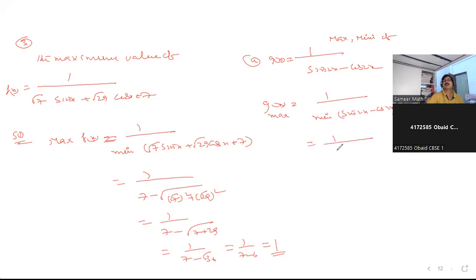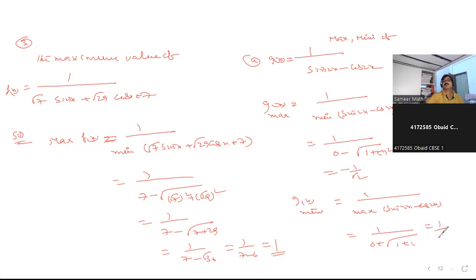That is 1 by, c is not there, 0 minus under root of 1 plus minus 1 whole square. The answer is minus 1 by root 2. For the minimum of g of x, it means 1 by the max of this sin 2x minus cos 2x, that is 1 by 0 plus root over 1 plus 1. So 1 by root 2. Is it clear, sir?